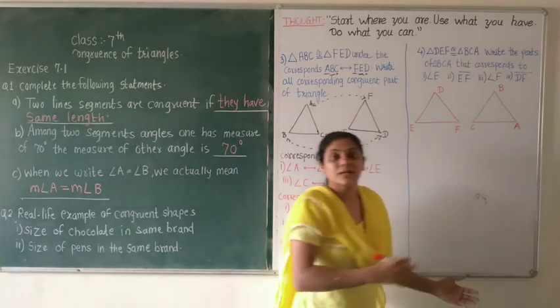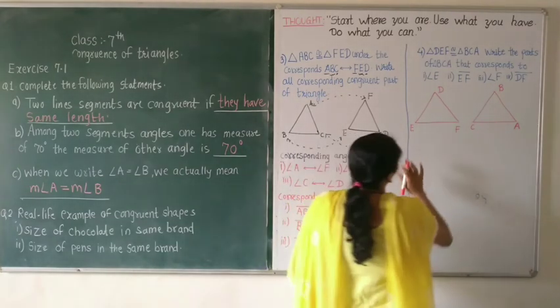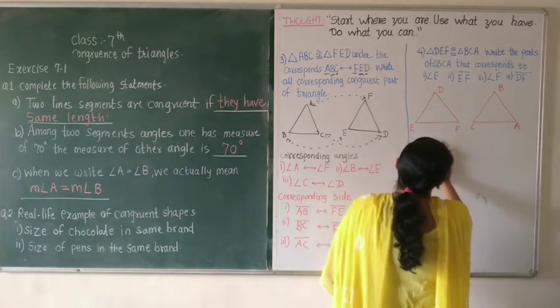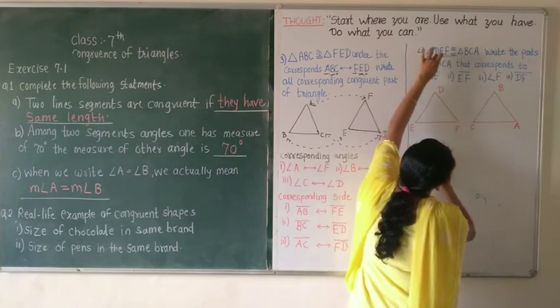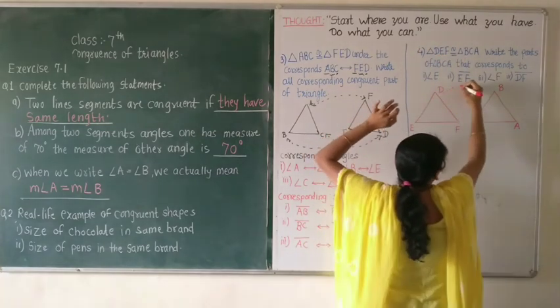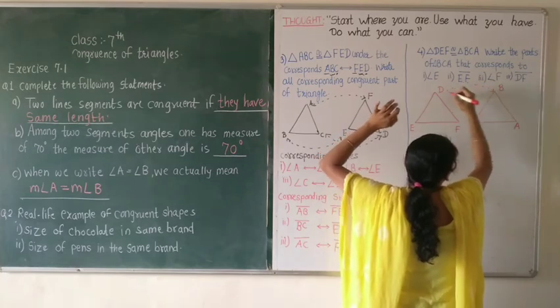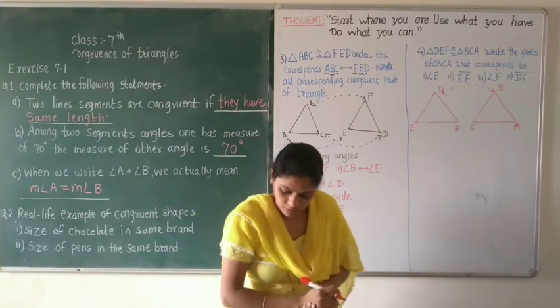And as per given corresponding way, we have to draw a dotted line. So, what do we have to write here? D to B. So, we will draw here D corresponds to B. Okay.